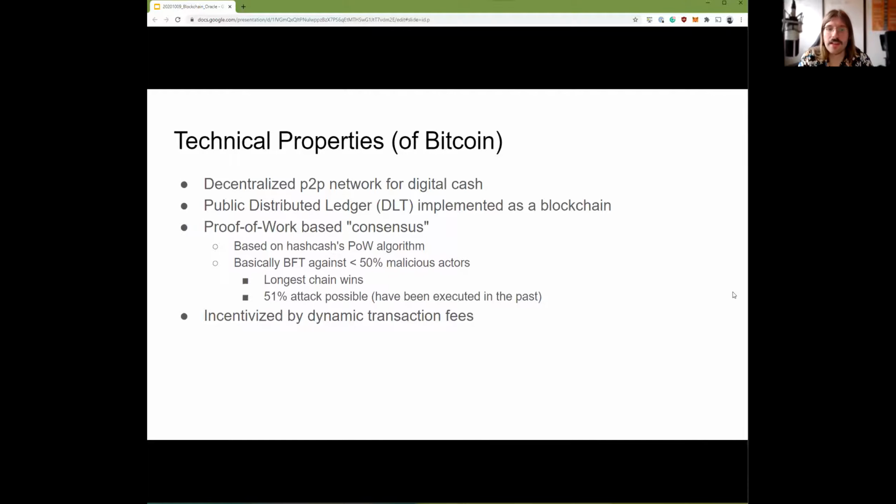And it leads to the Bitcoin network being Byzantine fault tolerant to basically less than 50% malicious actors in the system, which is very good. This is a very good Byzantine fault tolerance degree. Most normal Byzantine fault tolerance algorithms will only provide against 1/3 of malicious actors.